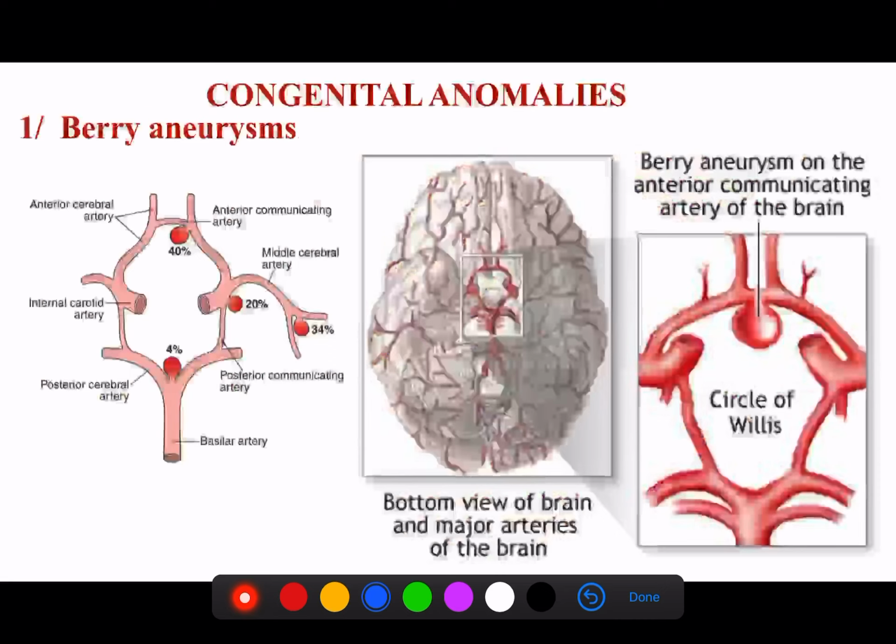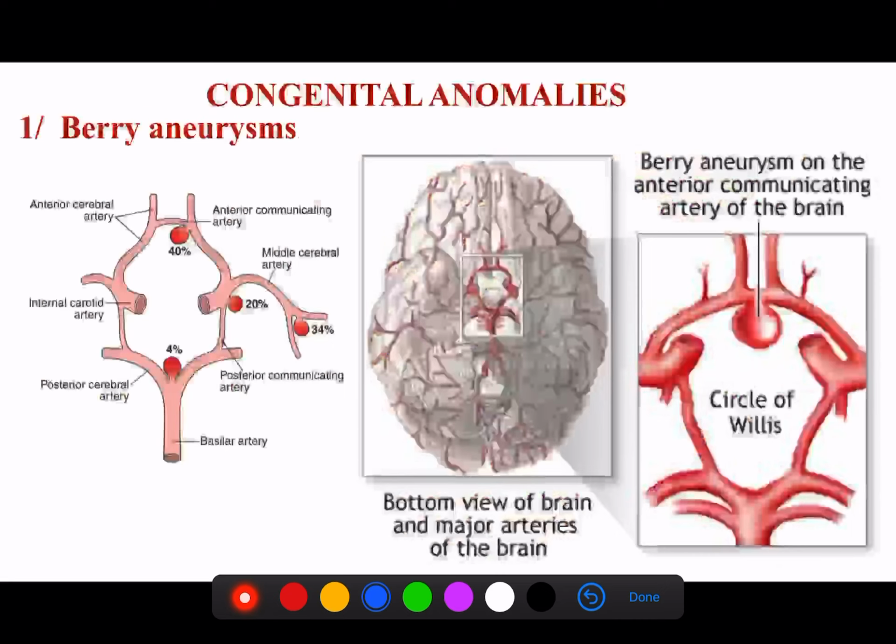As we learn in our lecture, we will begin the lecture in systematic pathology with congenital malformations. We will talk about congenital anomalies of the artery. The first one is called berry aneurysm.